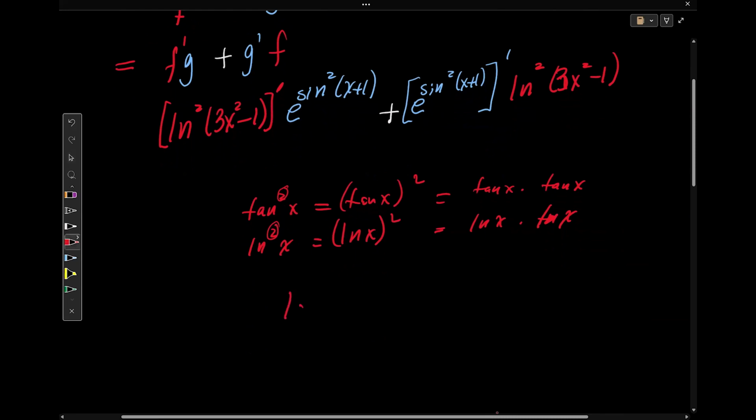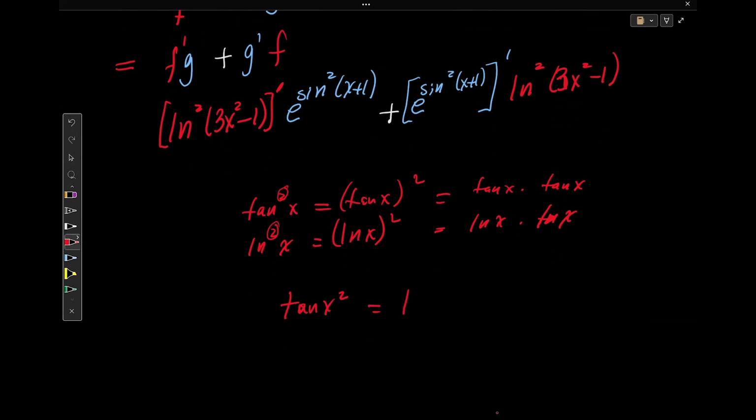The other way would be ln of x squared. The square is on the x, so this is ln of x times x. Two different things, depending on where the square is.